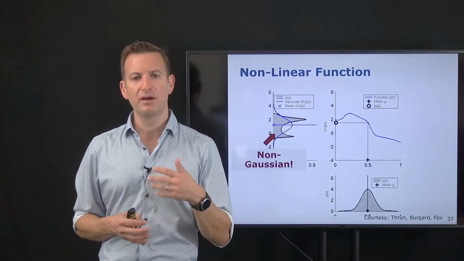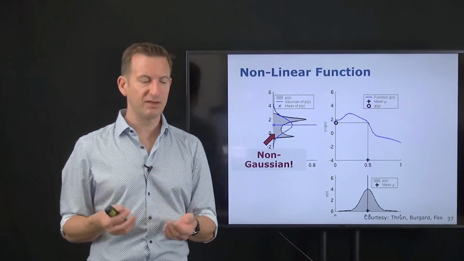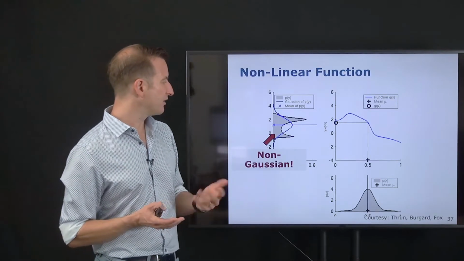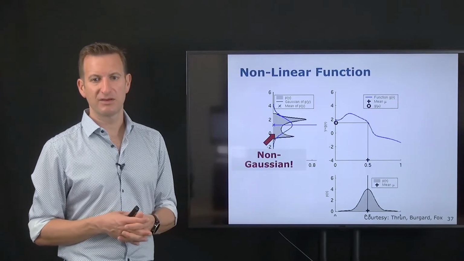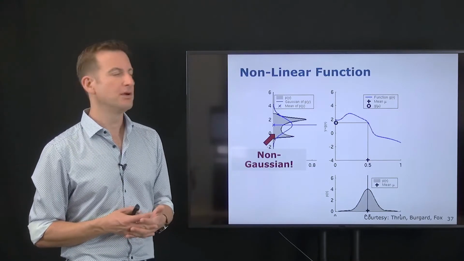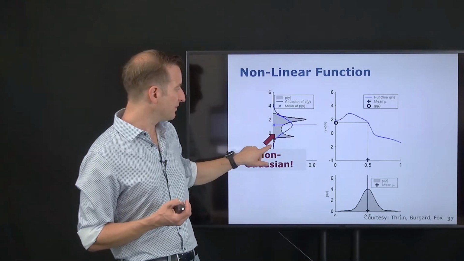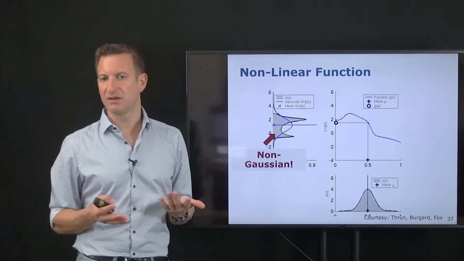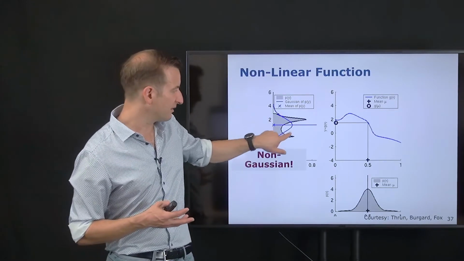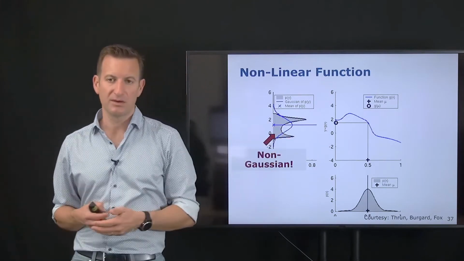So by using these nonlinear functions to evolve my state or incorporate my observation, I'm leaving this Gaussian world assumption. We can still approximate this black function by a Gaussian distribution, then we'll get the blue curve over here, but it's very obvious that this approximation is quite far away from the original function.